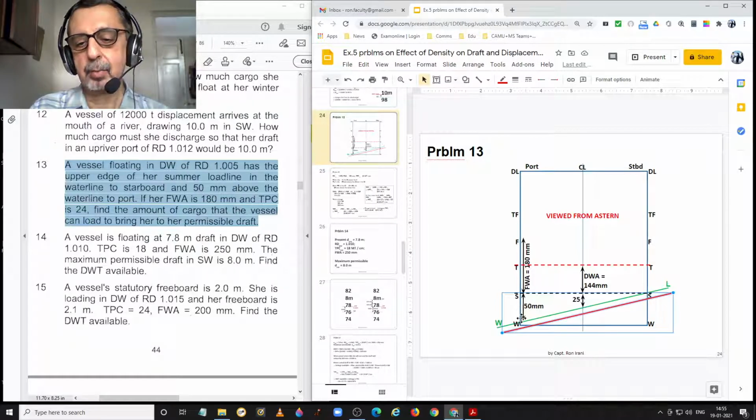So if on the port side it is 60 millimeters and starboard side it is 10 millimeters above the water line, it will be on the center line 60 plus 10 equal to 70, divided by 2, 35 millimeters above the water line on the center line.